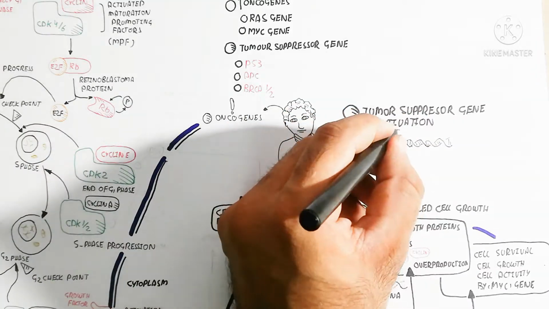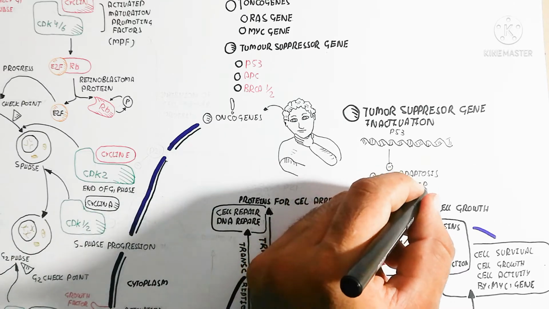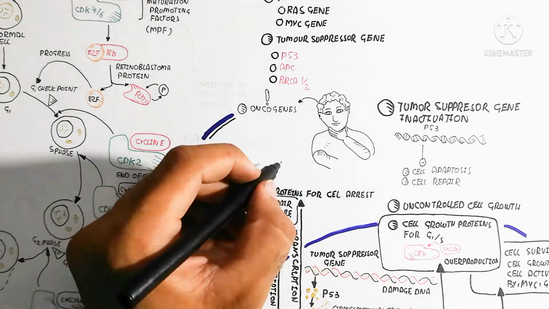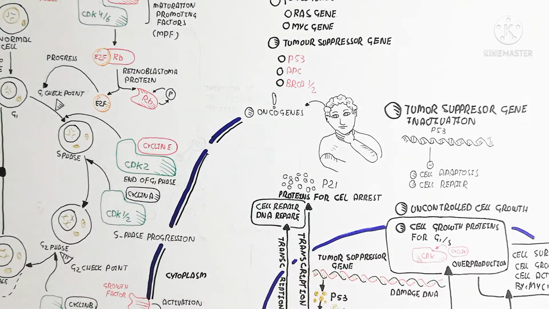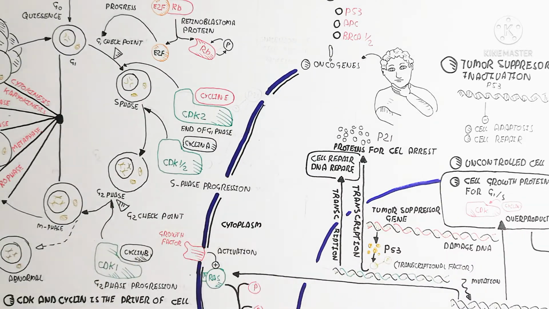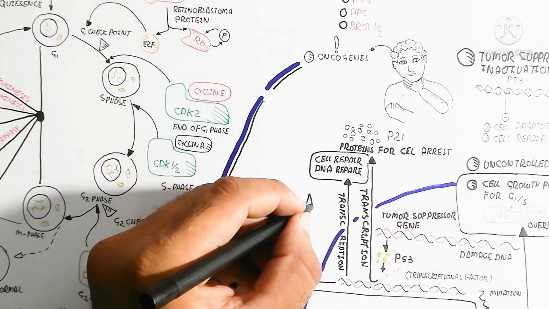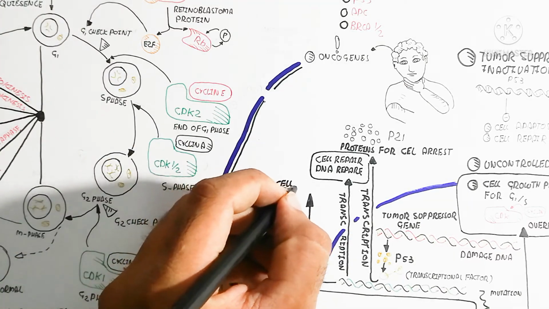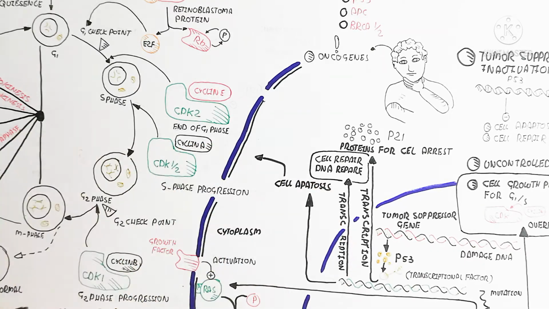So if the tumor suppressor gene is inactivated due to methylation, epigenetics, or point mutation, it will lead to cancer, because the cell growth protein and cell survival, cell growth, and cell activity by the MYC gene remain active and are not inhibited by the tumor suppressor gene.